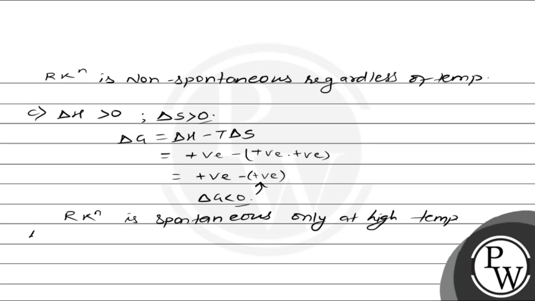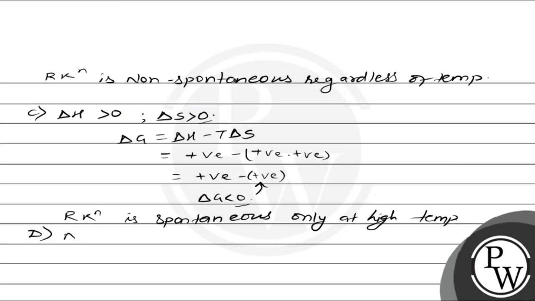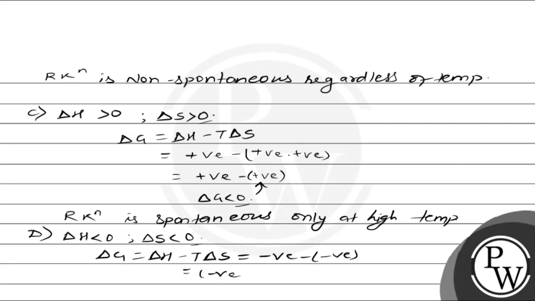And the fourth option is delta H is less than 0 and delta S is less than 0. This means delta G equal to delta H minus T delta S. Delta H is negative quantity and delta S is also negative quantity. This means negative quantity plus positive quantity.